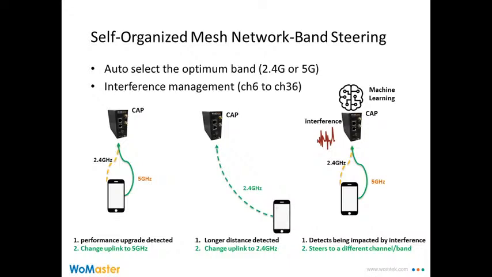Under this kind of condition, the connection will be changed to the 5G band to maintain the best signal. Regarding the above situations, the network can be managed automatically. Users don't have to do it manually, and they can get better performance.